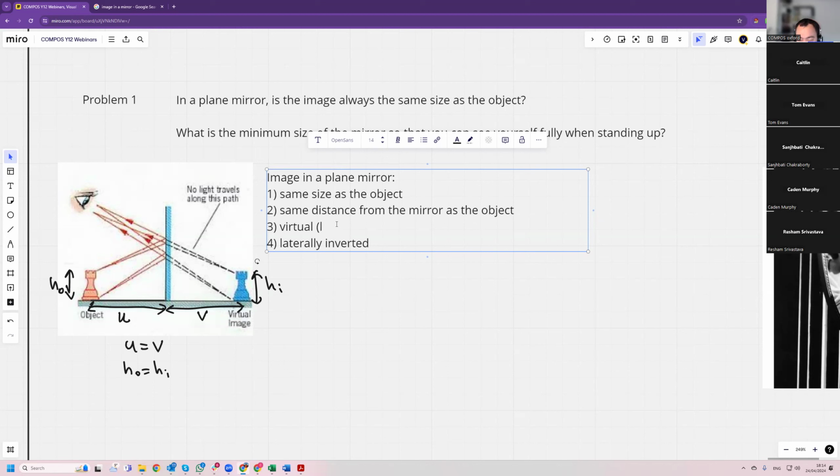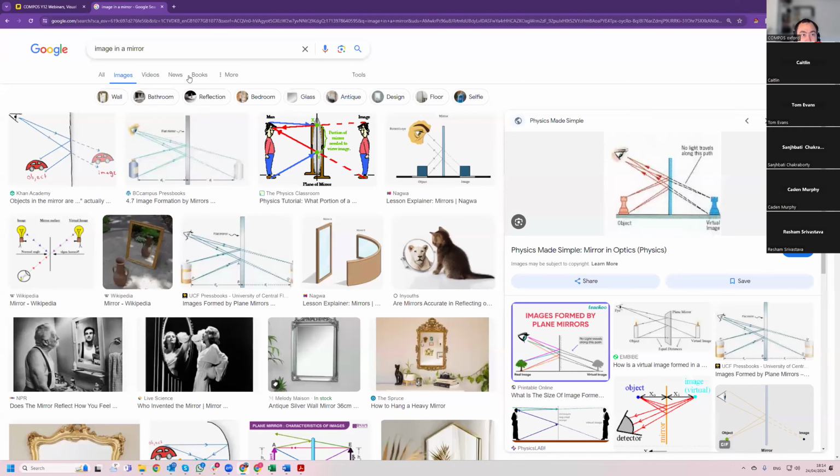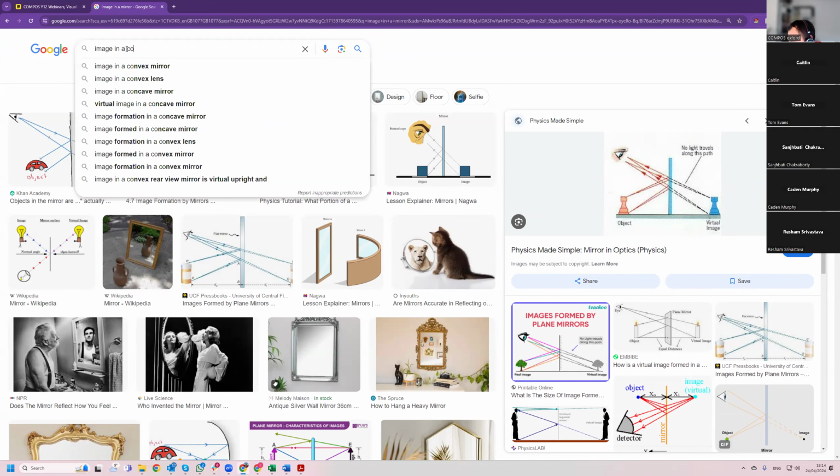So if you place a screen, there will be no image on the screen, as opposed to a real image with a convex lens.